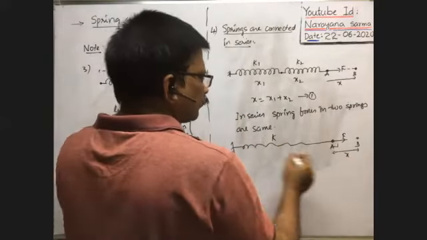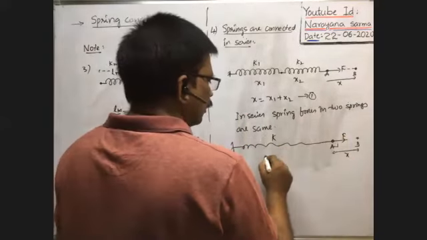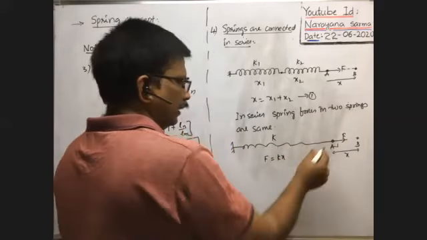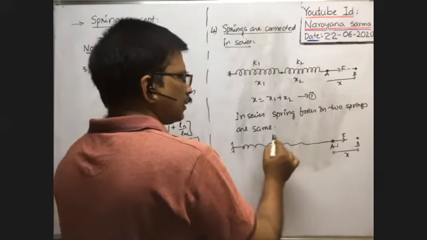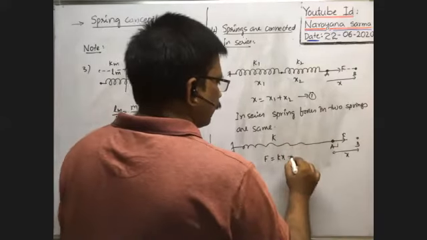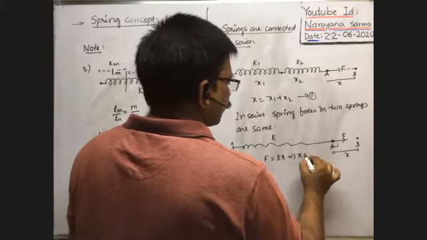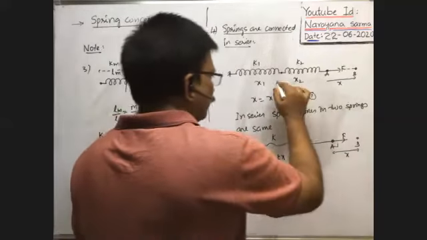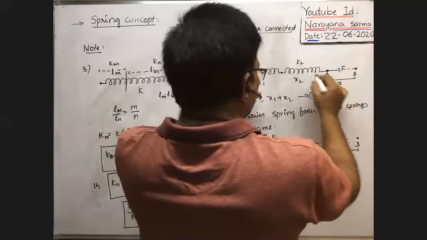Already we know the spring force developed in the spring, F is equal to K into X. So from this, X is equal to F by K. Now in this case, the spring force in the two springs is the same.